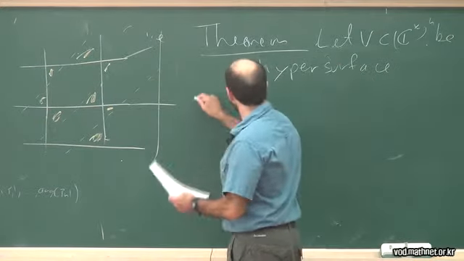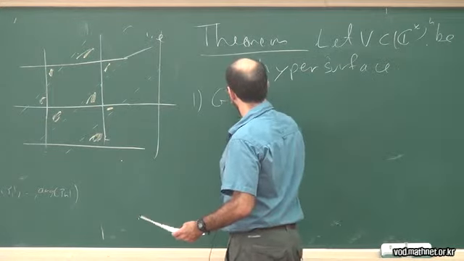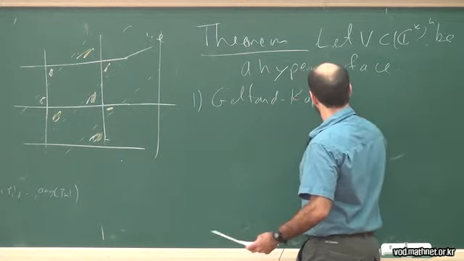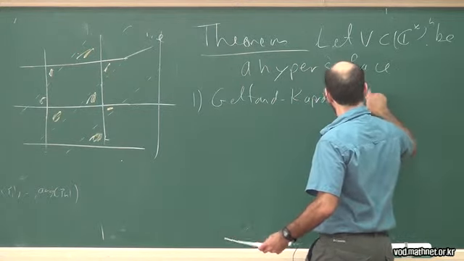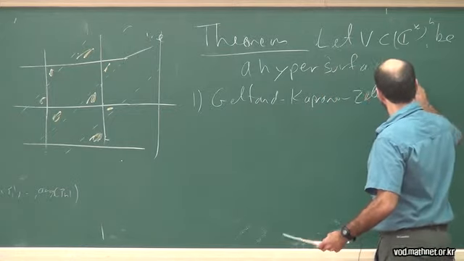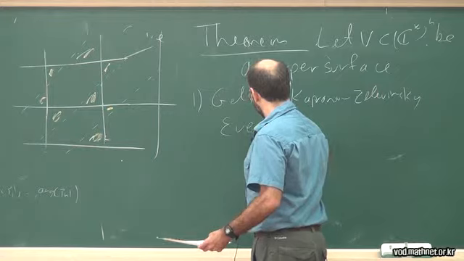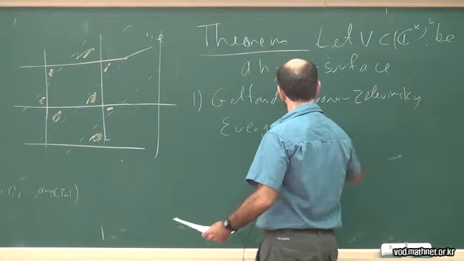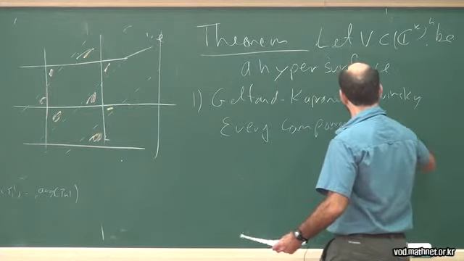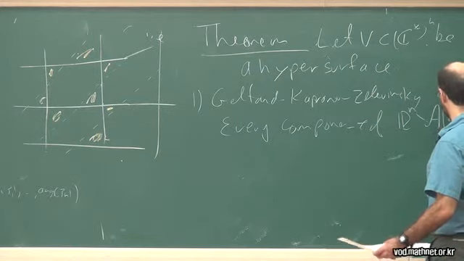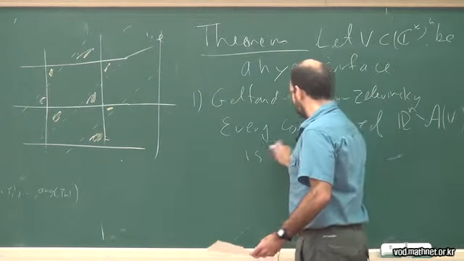Then 1, this is due to Gelfand, Kapranov, and Zelevinsky. It says that every component of R to the n minus the amoeba of V is convex.